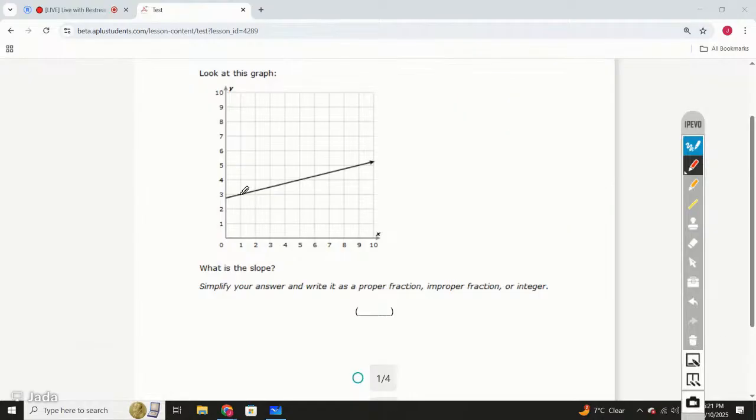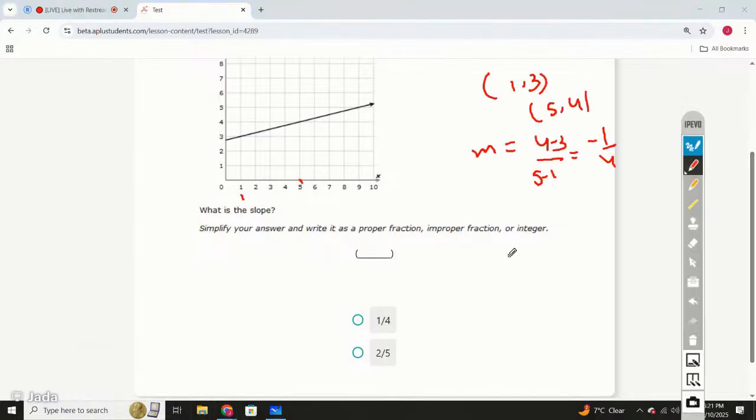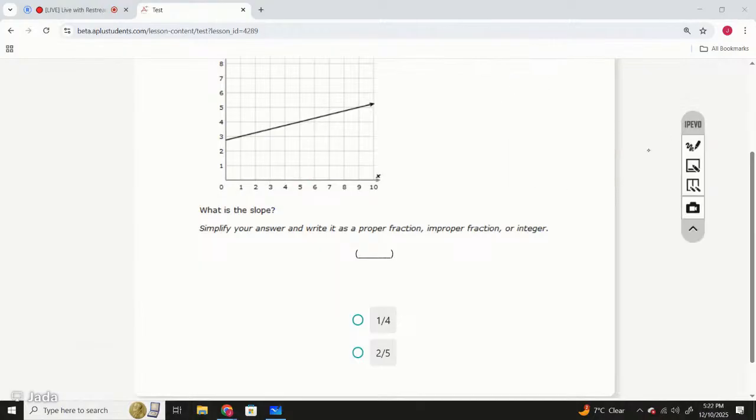We have to select any 2 points on the graph. Here is the first one and here is the second one. So the slope is y2 minus y1 over x2 minus x1. The first one has x is 1, y is 3. The second one has x is 5, y is 4. 4 minus 3 over 5 minus 1, that is 1 over 4. So the slope of the graph is 1 by 4. Option number 1 is the correct option.